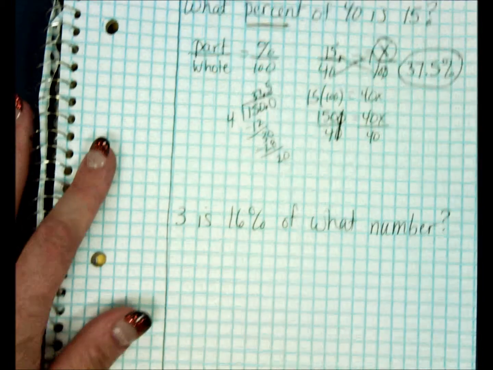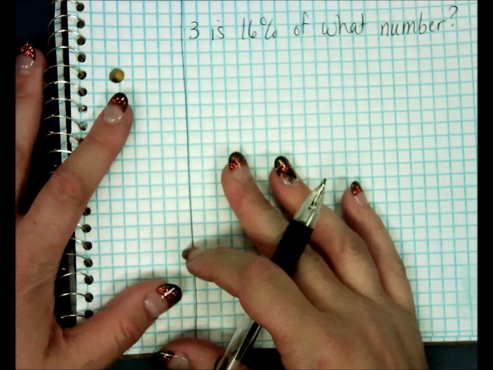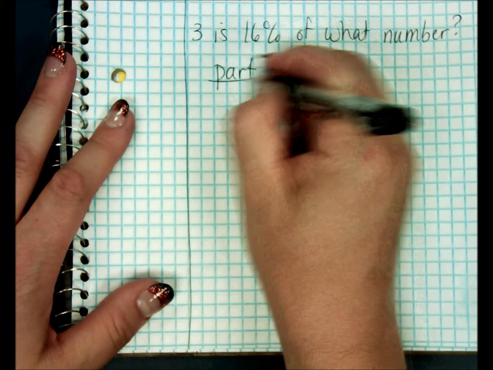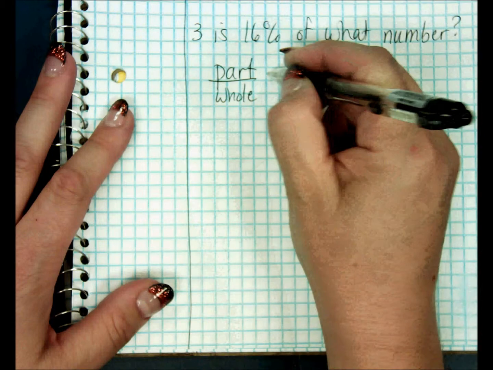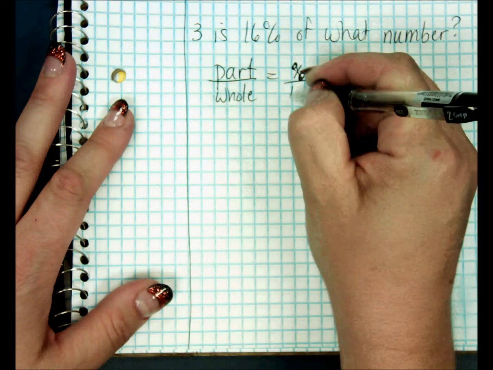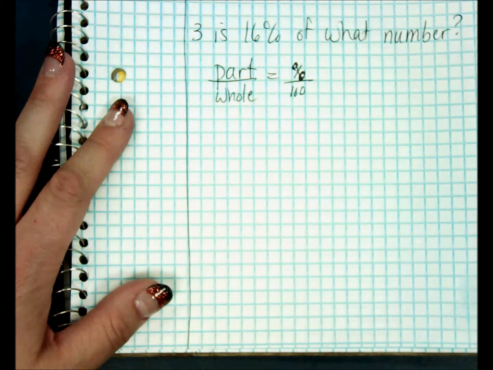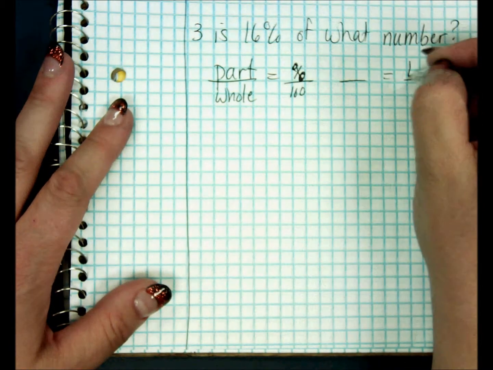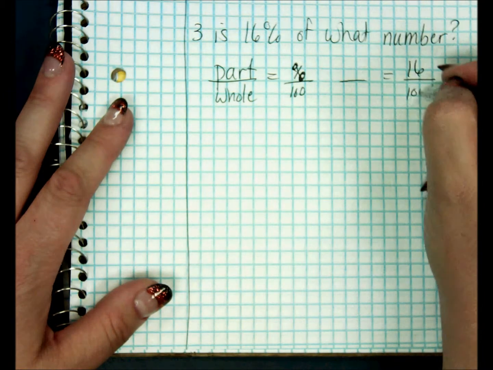And the last problem here, we're looking at part over whole equals percent over 100. So we look here, we already have our percent. Our percent is 16 over 100.